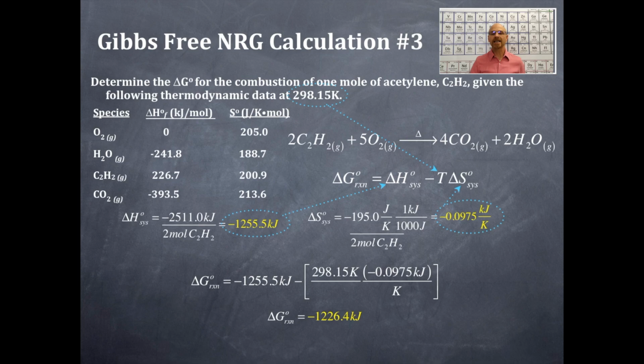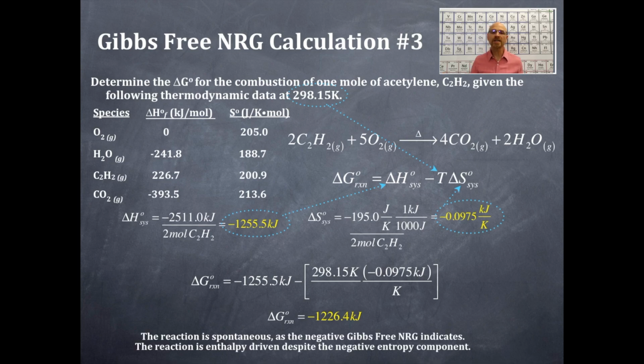So this is negative, so the Gibbs free energy, the available energy to do useful work, is negative 1,226.4 kilojoules with the combustion of 1 mole of acetylene at 25 degrees Celsius. So this is a spontaneous reaction, as the negative sign on the Gibbs free energy indicates.